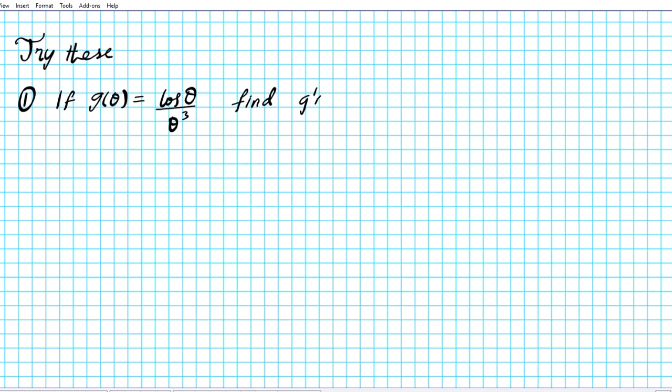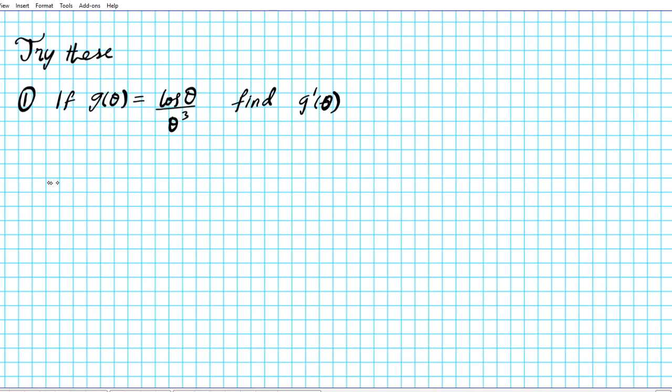So how well did you master the contents of this presentation? Well, let's see. We'd like you to try the following problems. Number 1, if g of theta is equal to cosine theta over theta cubed, find g prime of theta.